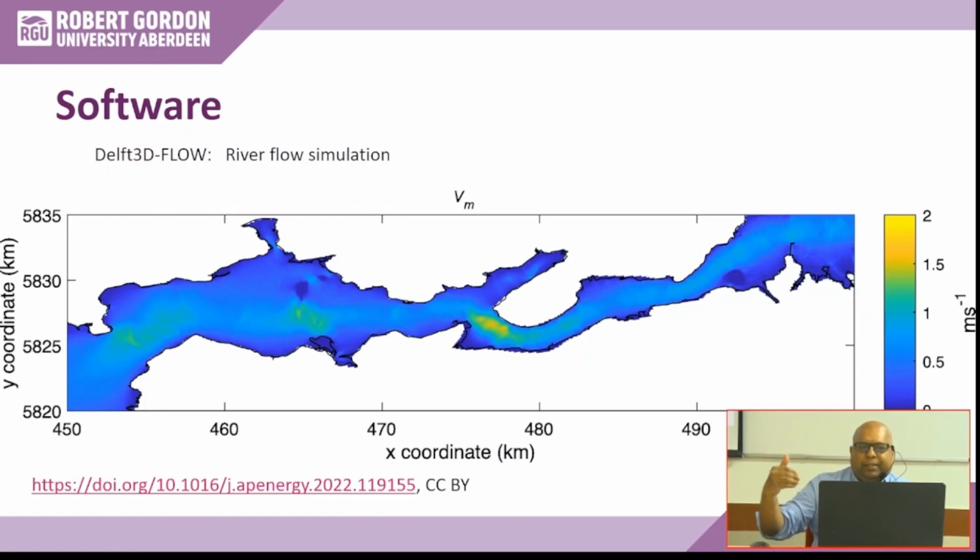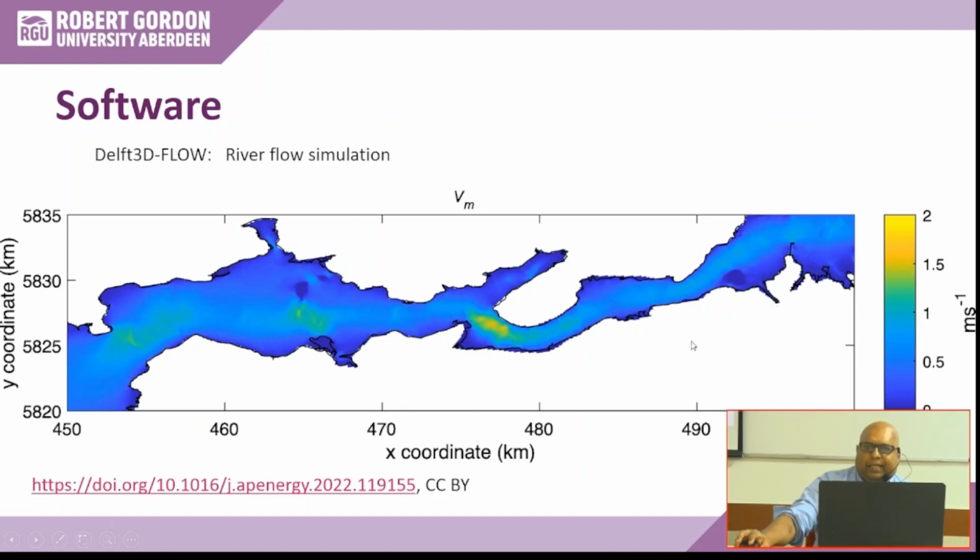If you don't have the data, but you know the outline of your river from somewhere, and you have some initial river condition, then you can see the velocity within the river, and there will be turbulence, vortices and things like that. If you look at those corners here, that will be vortex flow.